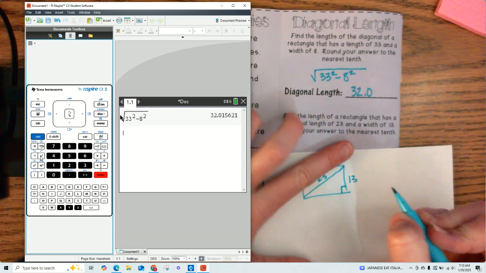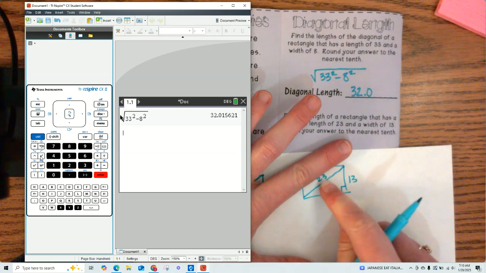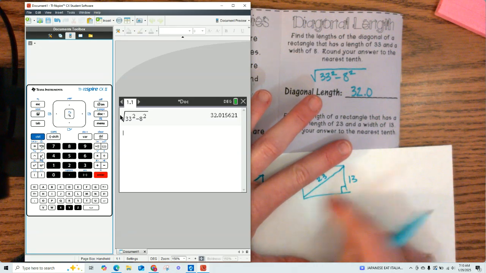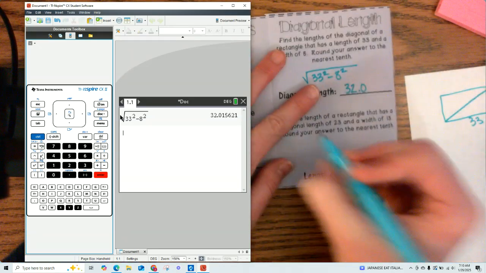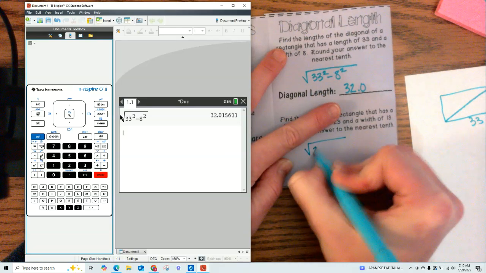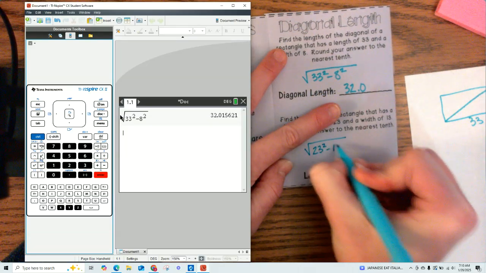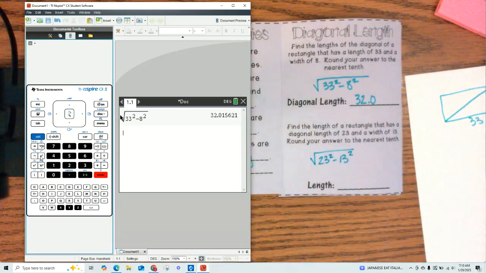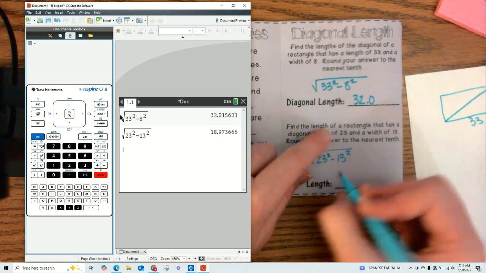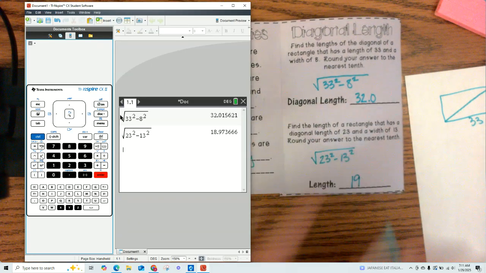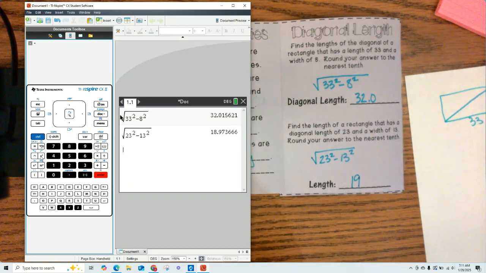So I still have that right triangle, but this time I'm missing a leg. If we're missing a leg, we subtract. So we would do the square root of 23 squared minus 13 squared. And if we round this one, it will go ahead and round up to 19.